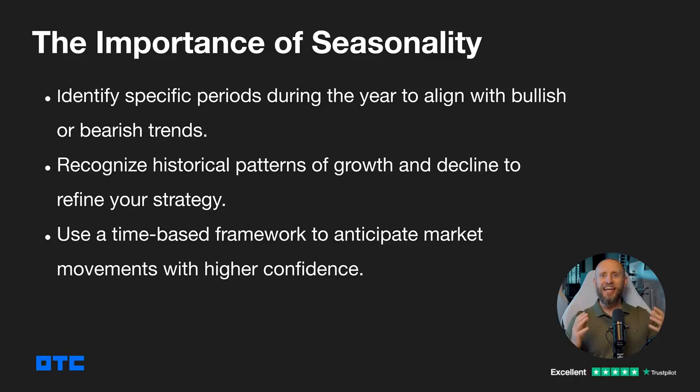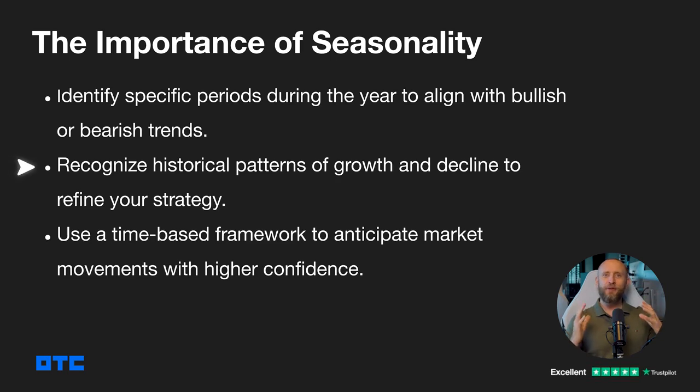So how can we best incorporate seasonality into our trading strategy? By analyzing historical data, seasonality helps us in two ways. It allows us to define specific periods to be a bull or a bear. We use it to pinpoint windows of time when markets are more likely to trend higher or lower.